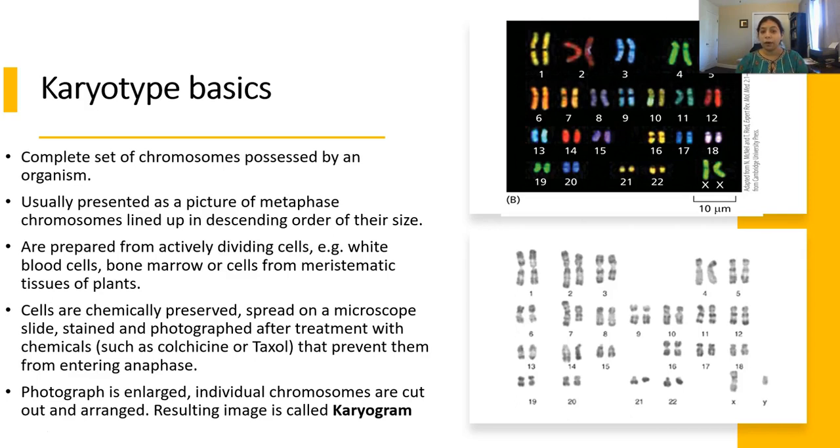We stain and photograph them after treating them with chemicals like Taxol or colchicine, which prevent them from finishing that cell division. They've made their chromosomes and now they're stuck there. Then you photograph, enlarge that photograph, and organize the chromosomes according to descending order. This resulting image at the end of the day is called a karyotype.